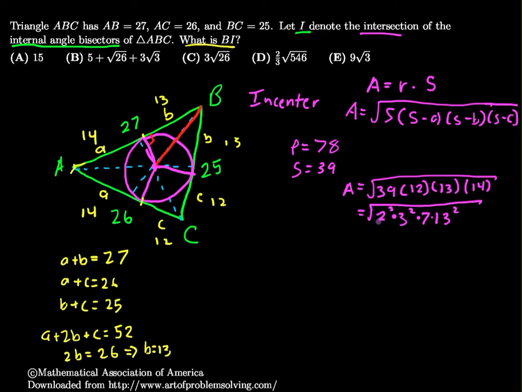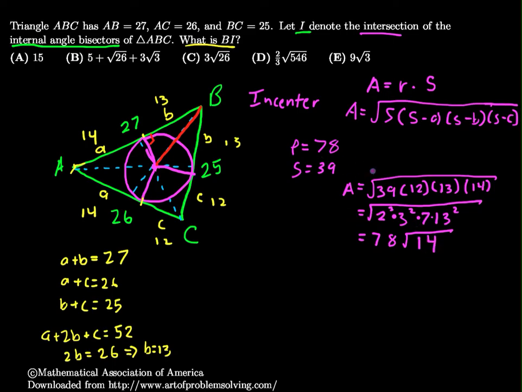And I can take out any perfect square, so I can take out a 2, a 3, and a 13. 2 times 3 times 13 gives me 78. I'm left with the square root of, and I had 1 2 left over, I had 1 7 left over, so I had 14.